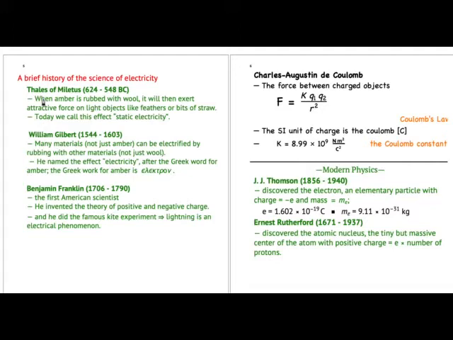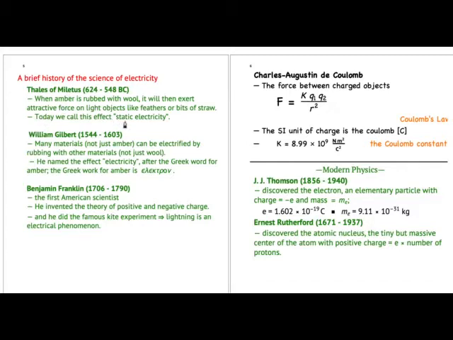What Thales observed and wrote about is that when amber is rubbed with wool, it will then exert attractive forces on light objects like feathers or bits of straw. Amber is a kind of material, it's actually a fossil of plant resins.